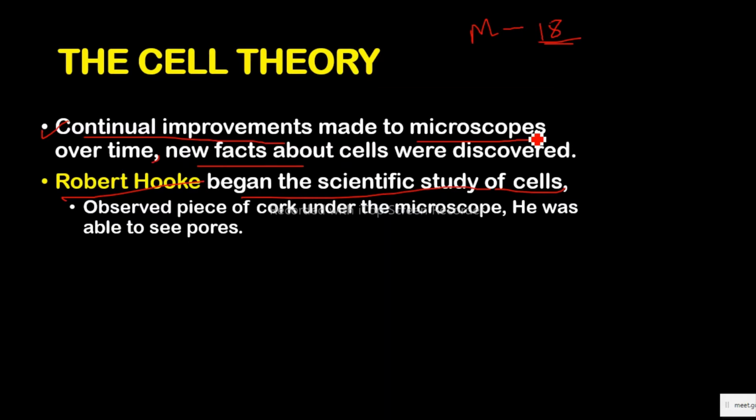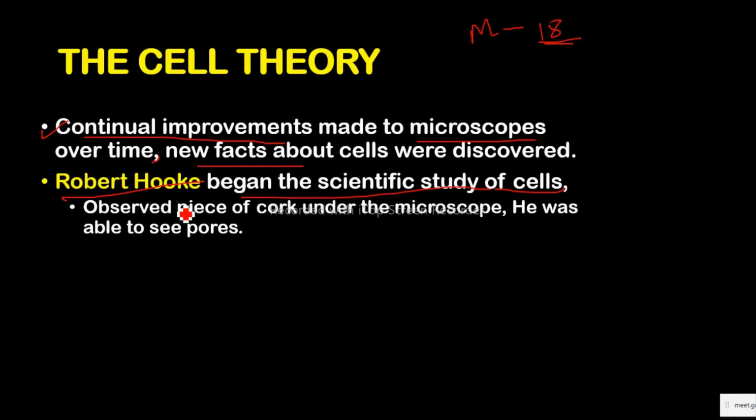Otherwise, before this man, people used to think that organisms are just a mass of, I don't know. It was even around these times that atoms were discovered. So you can imagine.